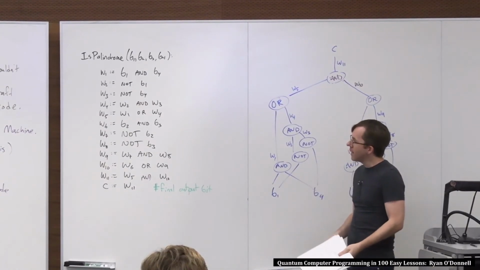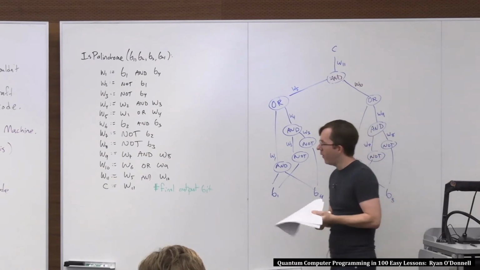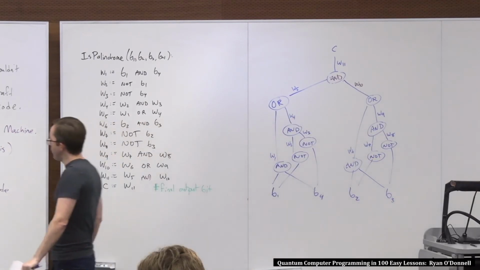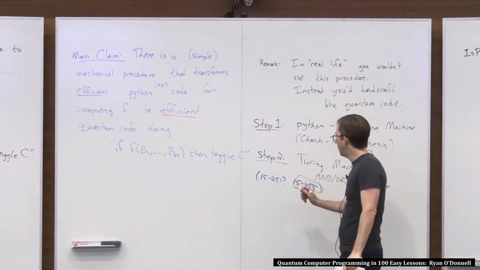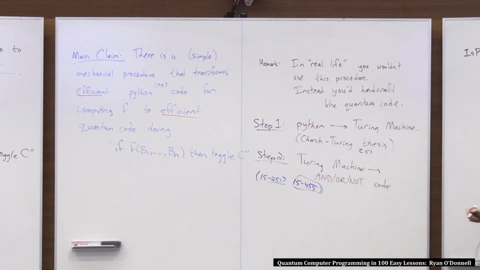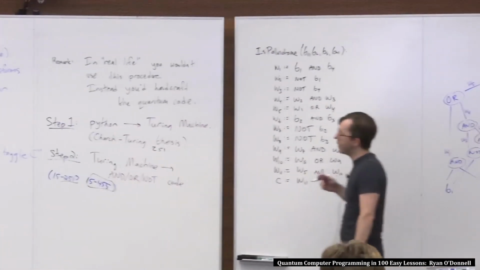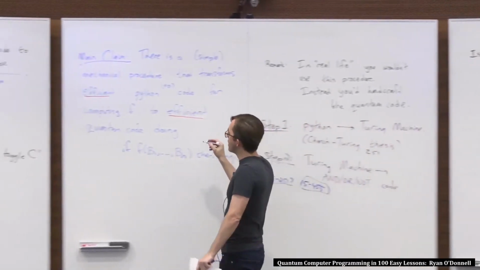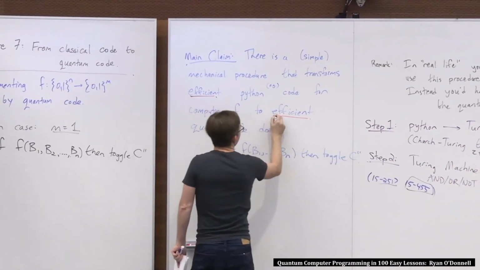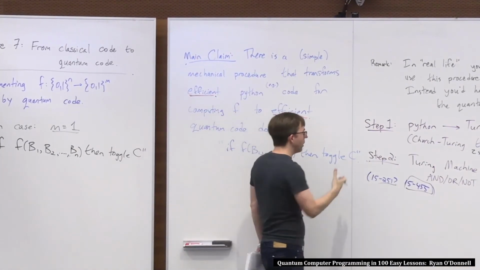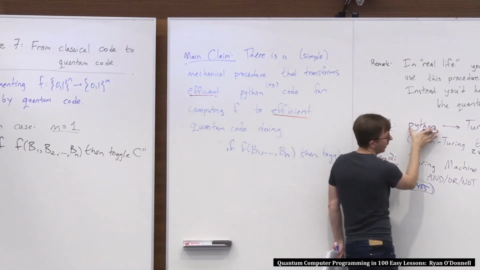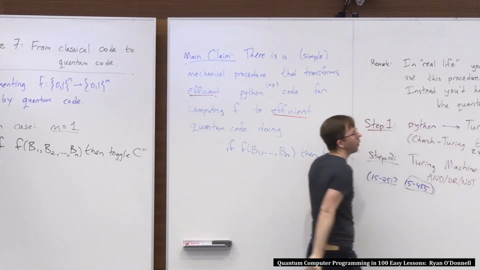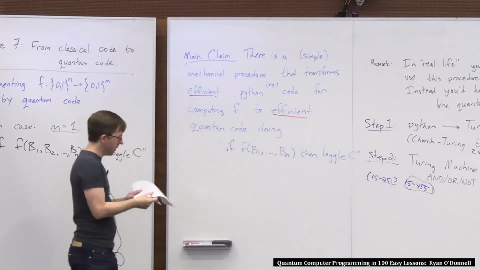Okay, one last thing I want to say, and we'll see maybe on the homework, or you might need to have seen it in previous classes. It's on the subject of efficiency. This translation from regular old classical code all the way to AND/OR/NOT code is pretty efficient.